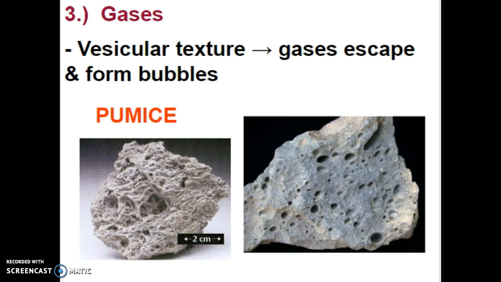With extrusive igneous rocks, a lot of times those bubbles will form as the lava is cooling off, and those bubbles become trapped inside. So a vesicular texture is kind of like Swiss cheese. Pumice is a great example of an extrusive igneous rock that has a vesicular texture. Some types of pumice are so vesicular that they are the only type of rock that can actually float on the surface of the water.